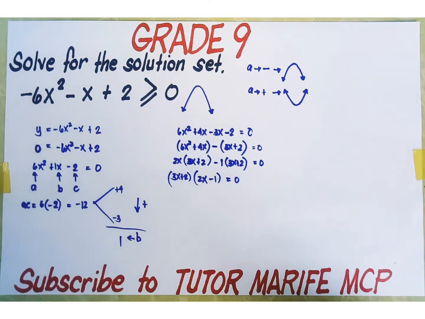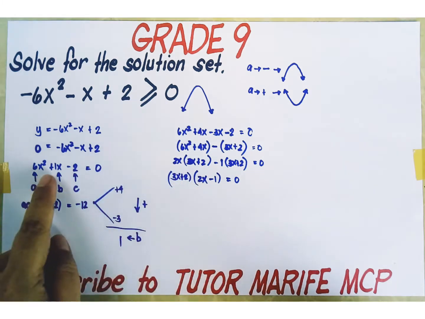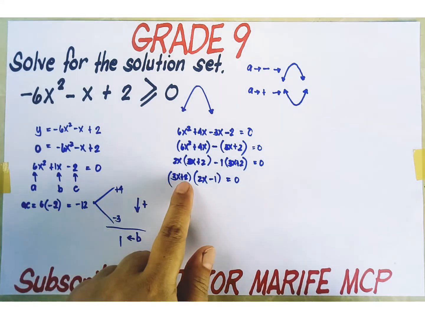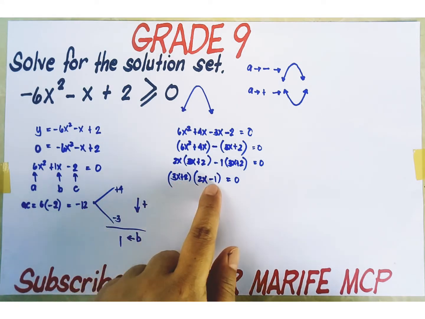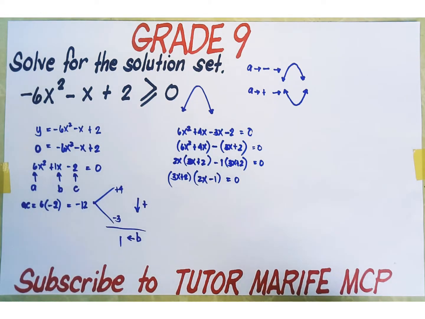Then you add the outer and the inner products, negative 3x plus positive 4x equals positive x. L, last term times last term, positive 2 times negative 1 equals negative 2. Therefore, we have the correct factors.